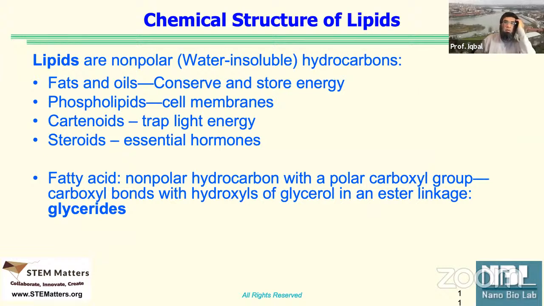Now, what is a non-polar hydrocarbon? These are molecules which have special properties. So either they are doing energy storage, or they are making the membrane, or they are harvesting light energy. So whatever their function is, that's what they would do.